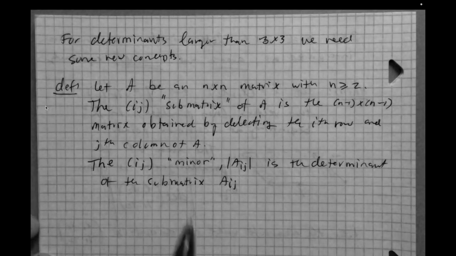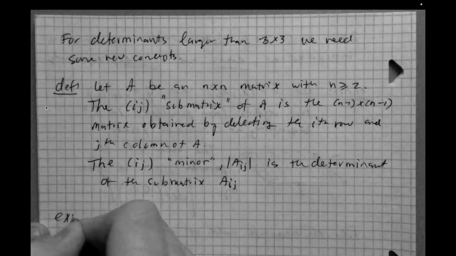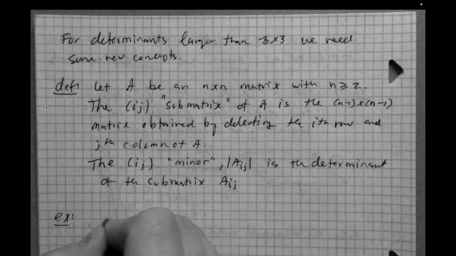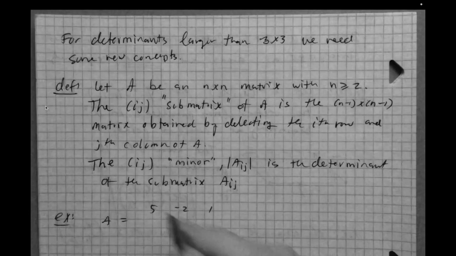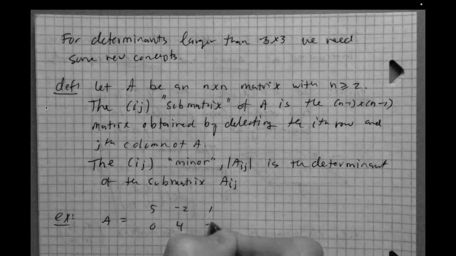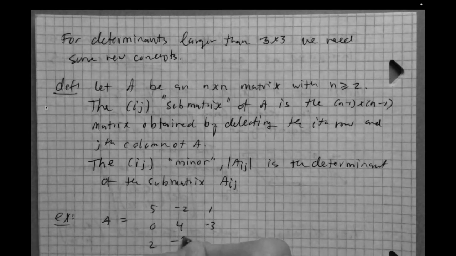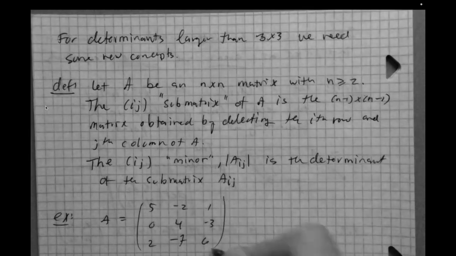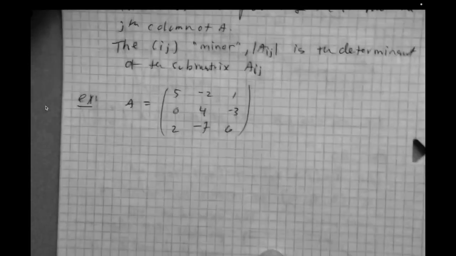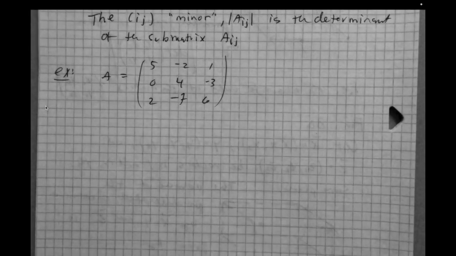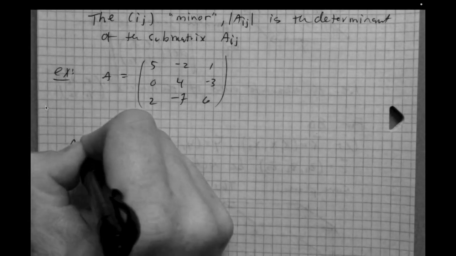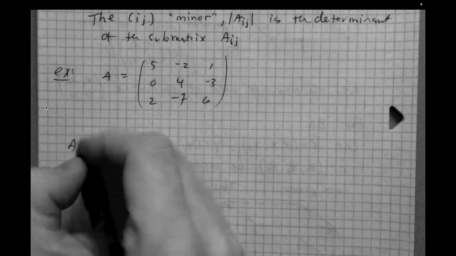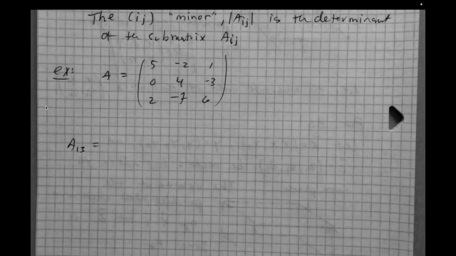So let's start with an example here. Let's say I'm given the matrix 5, -2, 1, 0, 4, -3, 2, -7, 6. So I've got this 3 by 3 matrix, and we're just going to go 3 by 3 because otherwise it takes too long to write. If I want to write the A13 submatrix, what is that?